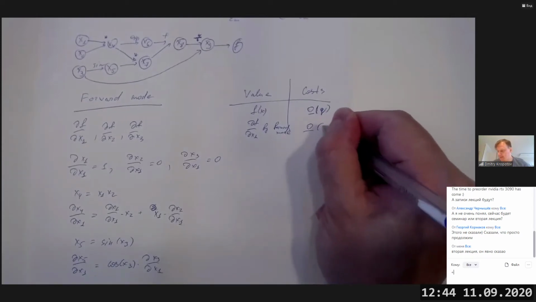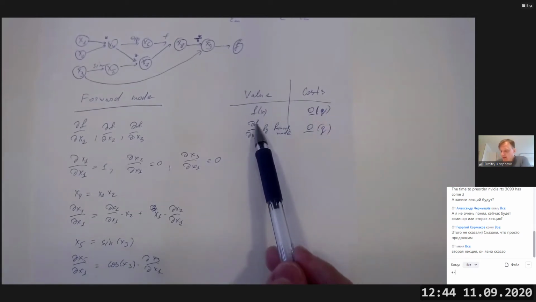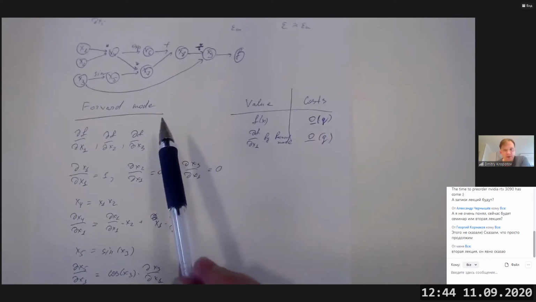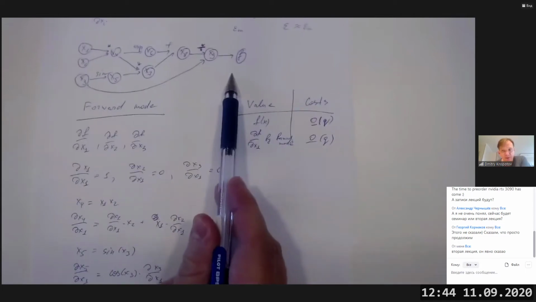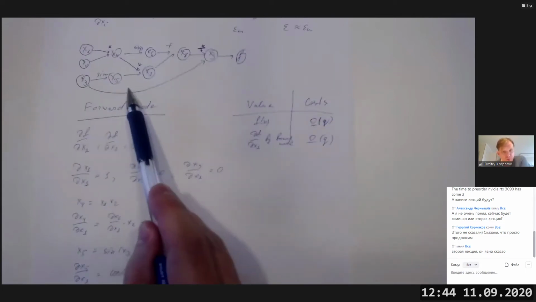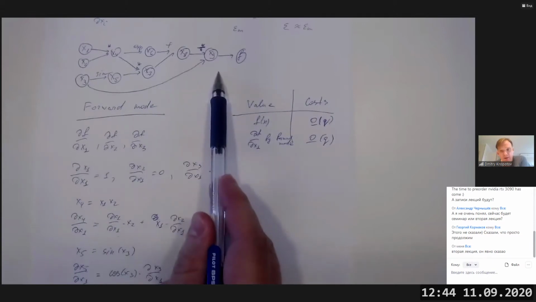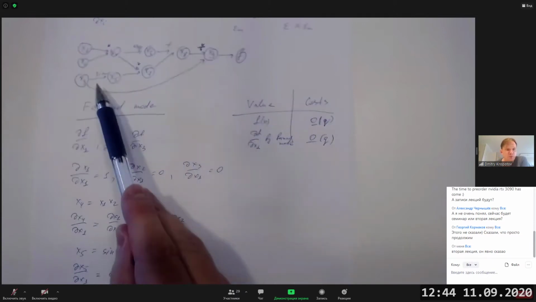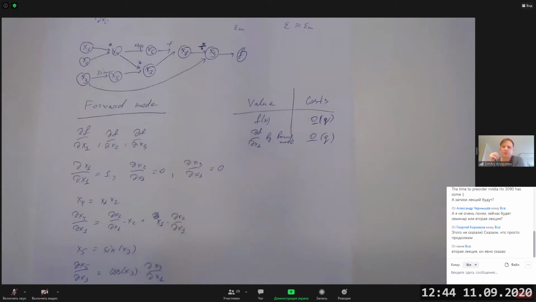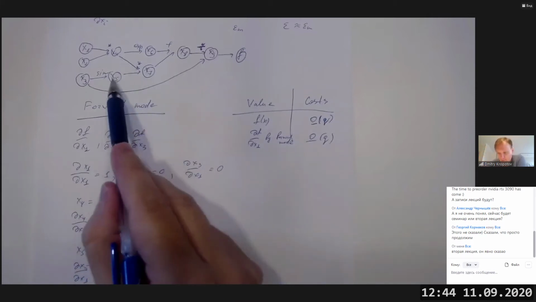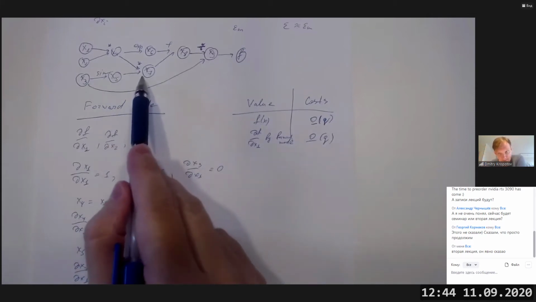Yes, because for calculating this derivative, we need to make a forward propagation through the same graph, to go through the same variables, and on each edge we do a calculation similar to the calculation of the variables x themselves.